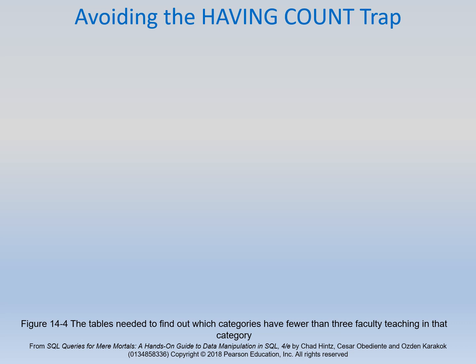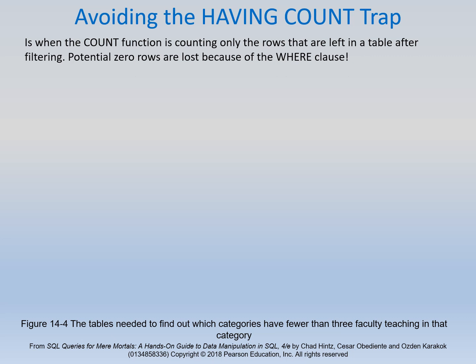We want to avoid a common trap using having and count. This trap occurs when the count function is counting only the rows that are left in a table after filtering. There is a potential for zero rows to be lost because of the where clause.